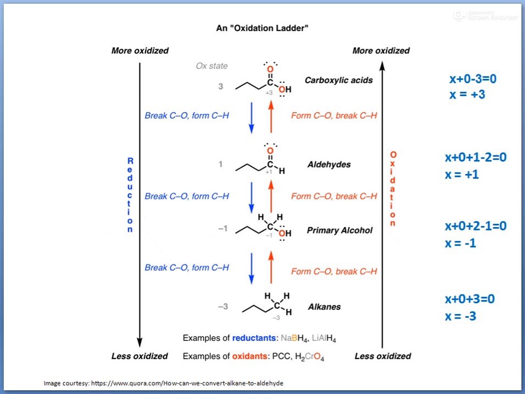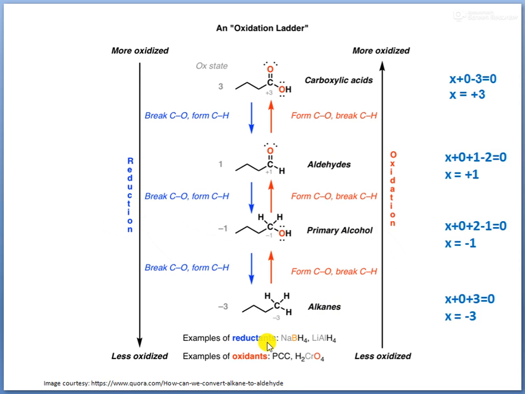This is an oxidation ladder showing the oxidation of aldehydes to carboxylic acid, and the higher member here is the carboxylic acid. When this carboxylic acid is reduced, you get an aldehyde, and when this aldehyde is again reduced, you get a primary alcohol, then an alkane.